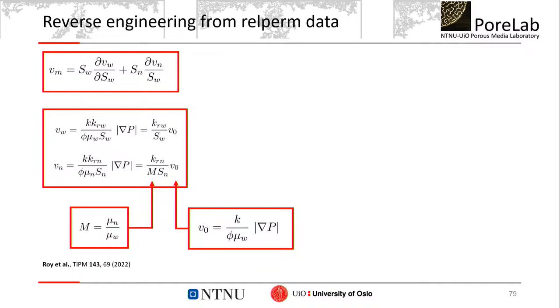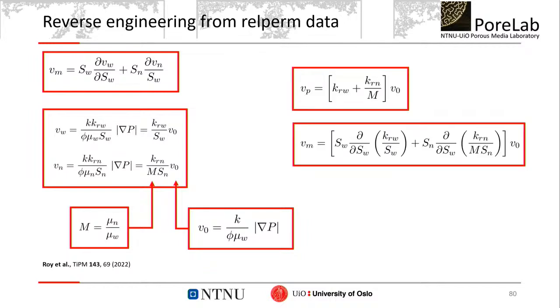So what we do is I just pick out this core here, which is just the wetting velocity if the saturation is 1. So this is V0. Then I can write down the average velocity like this. M here is the viscosity ratio, and here's the co-moving velocity.